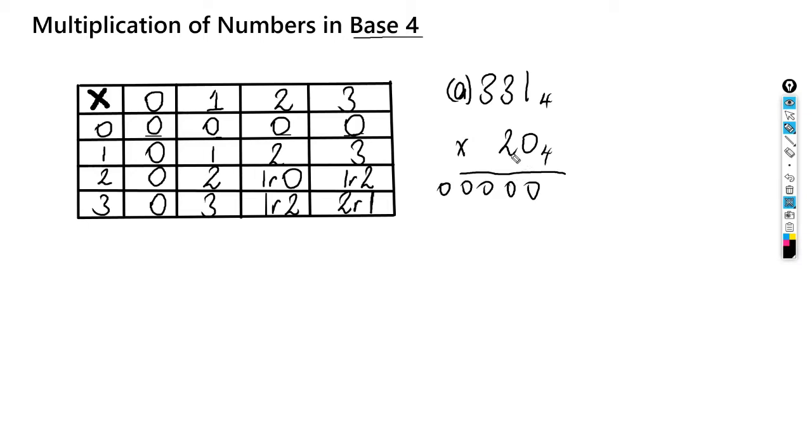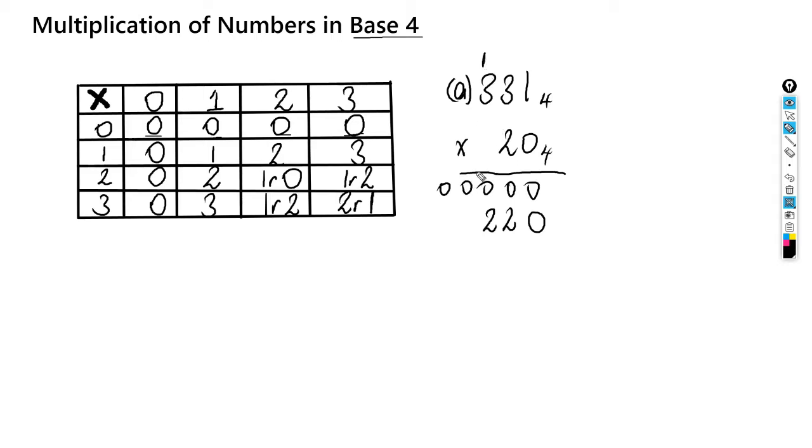Okay, now for this 2 now, let's leave a place value of 0 here. Then 2 times 1 would give us 2, right? 2 times 3 would give us 6, okay, which is 1 remainder 2, right? So that would be 1 remainder 2. And 2 times 3 would give us 6 again, plus 1, which would be 7.